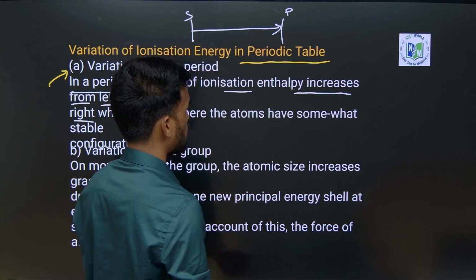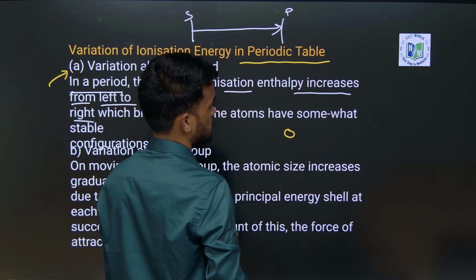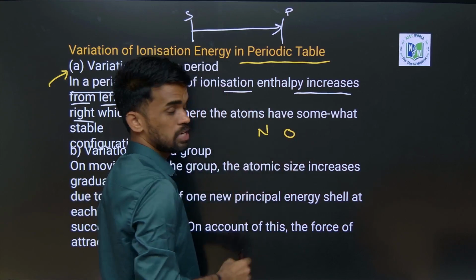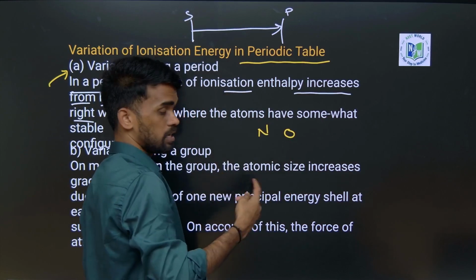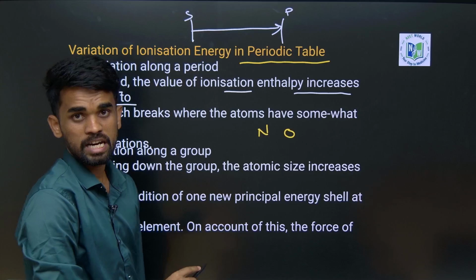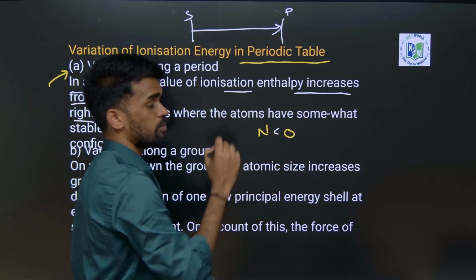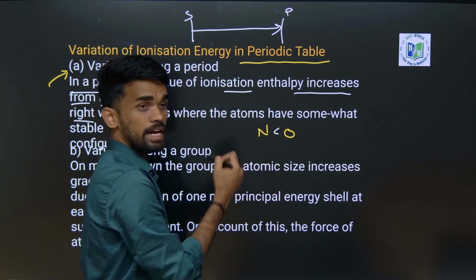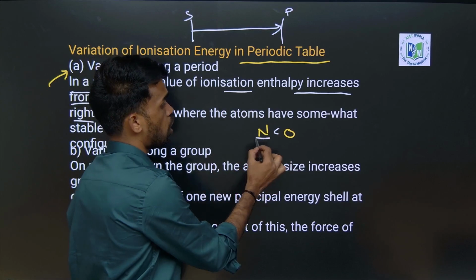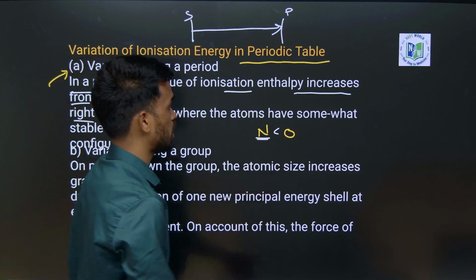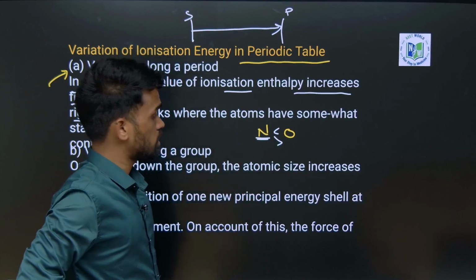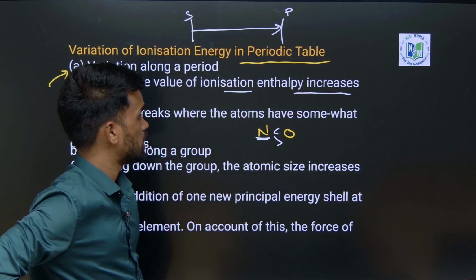For example, if I compare oxygen and nitrogen ionization energy, here we have an exception. If you follow the general statement, oxygen should have more ionization energy than nitrogen, but due to its half-filled stable electronic configuration, nitrogen shows more ionization energy than oxygen.